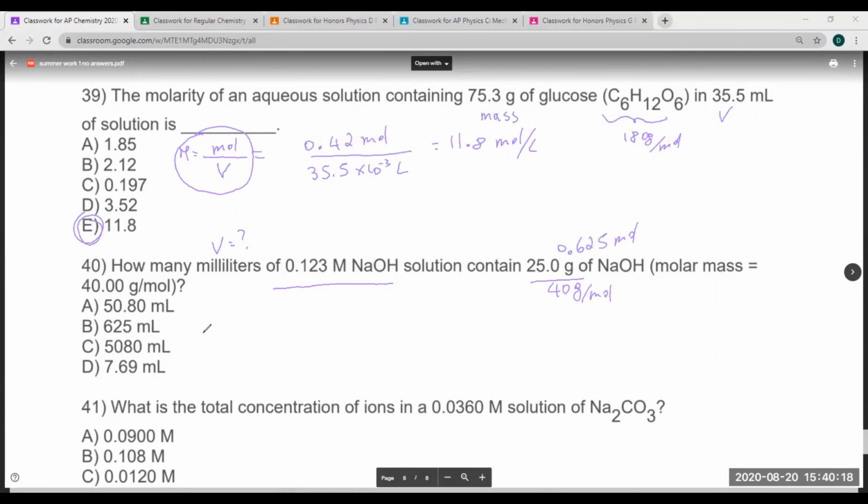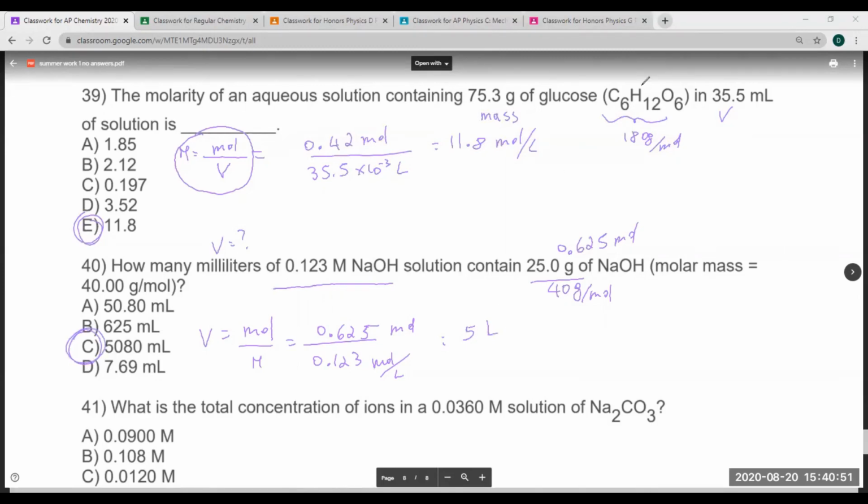So the volume has to be, according to this equation, equal to moles over molarity. So moles are 0.625 divided by 0.123. Those are moles, and those are moles per liter. And this is 5 liters, which means technically this number here.